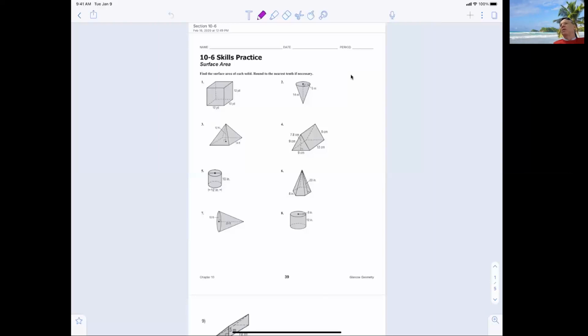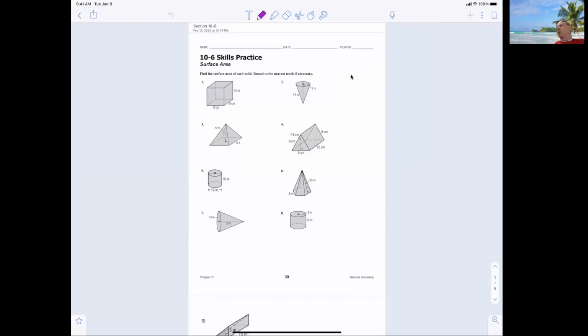They don't understand that quite yet. You know all the formulas. Are you going to be given any formulas on the test? 0. You have to know them all. So if you know the area formulas, then you know the surface area formulas. It's that easy.